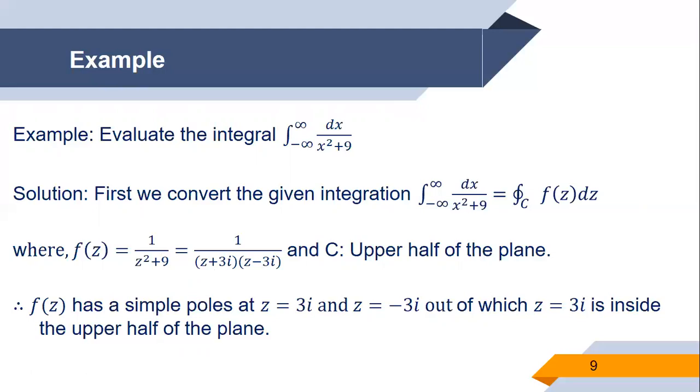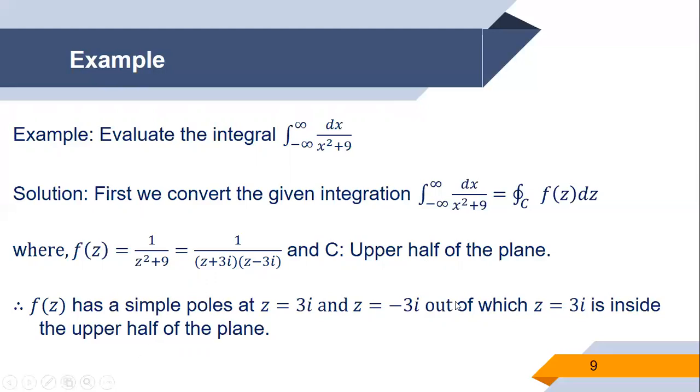So that means we use the residue theory. f of z is 1 upon z plus 3i, z minus 3i, which has a simple pole at z is equal to 3i and z is equal to minus 3i. Now z is equal to 3i, so the point is 0, 3. X is 0, y is 3. So y is 3, that means y greater than 0. That means z is equal to 3i is inside the upper half of the plane.